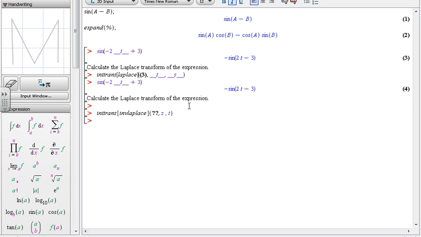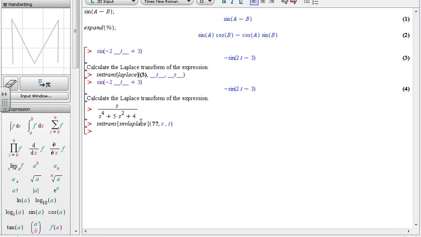Okay. So I've got s divided by s to the fourth plus 5 times s squared plus 4.